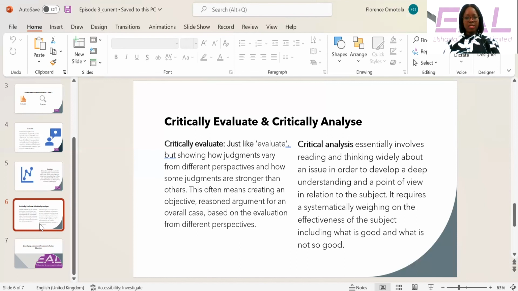And when you're critically analyzing, it does not mean there's no good part to the subject. However, you're trying to look at the limitations of the subject matter. And this is where it makes a little difference when you're only asked to evaluate or analyze.